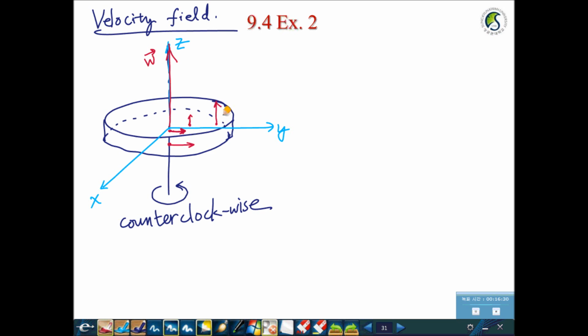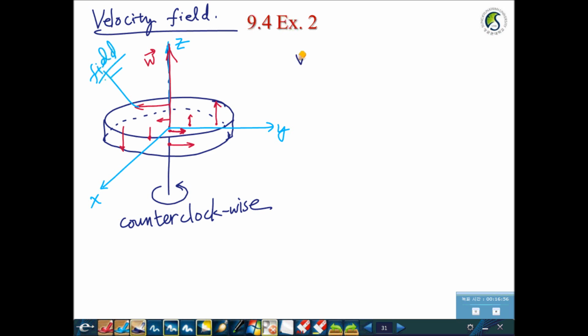Same thing here, and faster. So this is the distribution of the velocity around the disk. That's a field, a velocity field. The collection of all the vectors, that's the velocity.